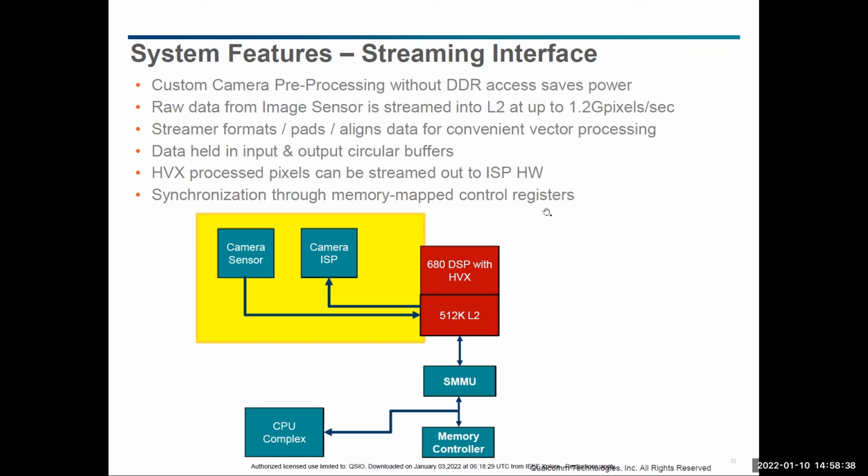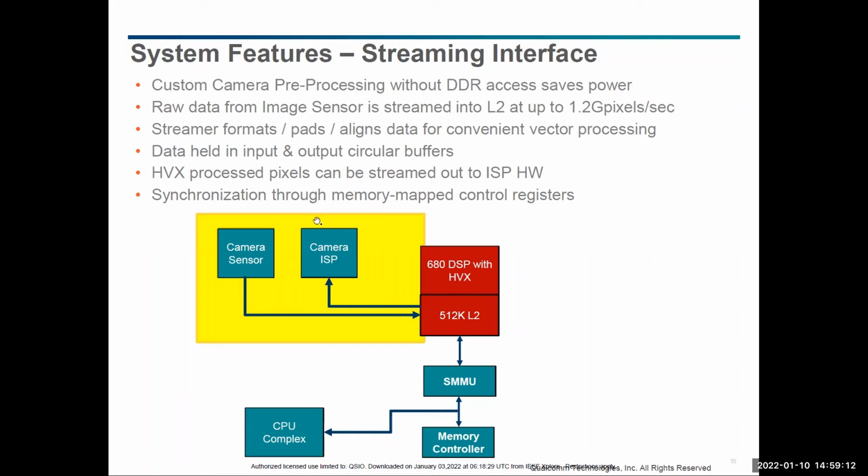The control registers ensure that the data comes appropriately into the L2 cache, and there is no need of any memory mapping in this scenario, because we are getting the data into the cache memory, and this operation is done almost in real time. It is really fast. The data keeps coming in a streaming format, and then the data is processed and eventually sent to the camera ISP.